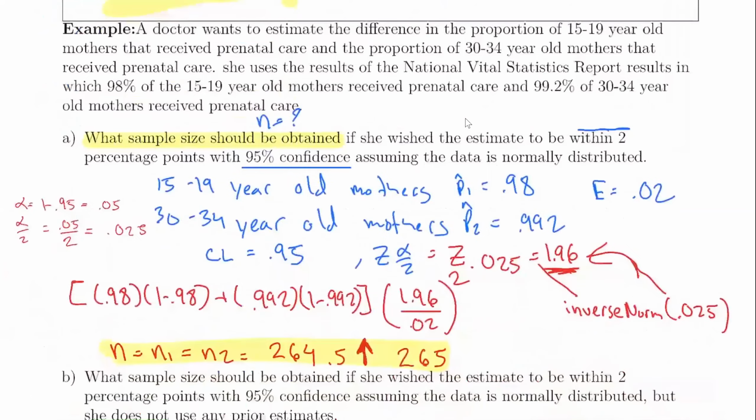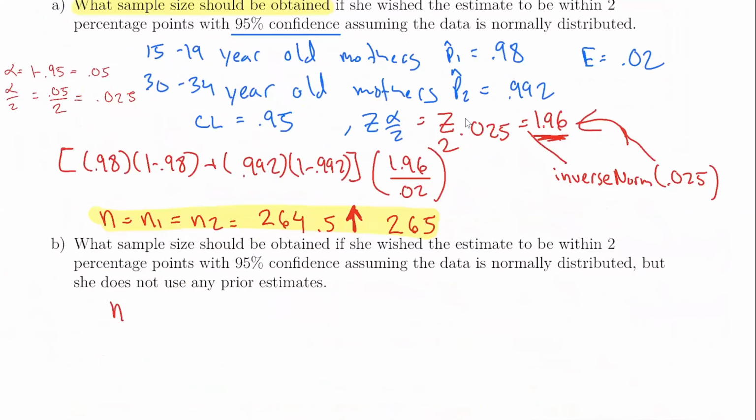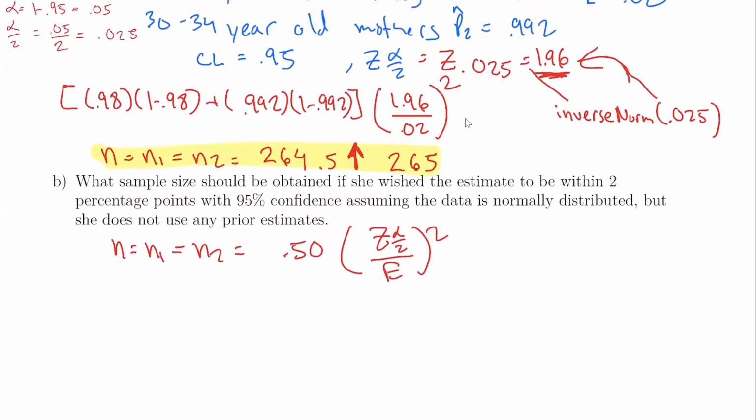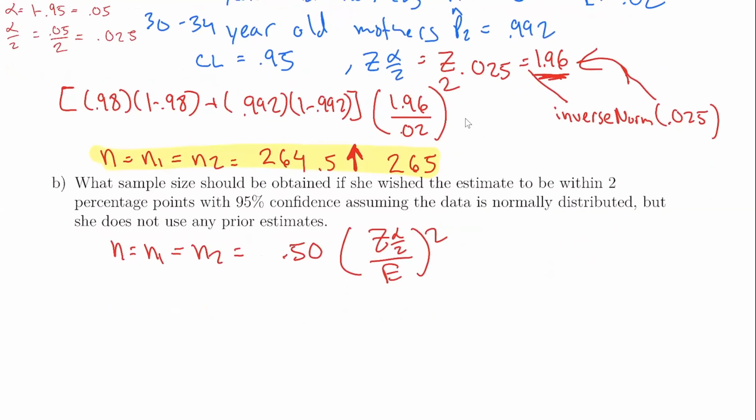So we're going to use n is equal to n1 is equal to n2 is equal to 0.50 times Z alpha divided by 2 over margin of error, squared. For this one, it should be much, much easier because fortunately for us, we don't have to do this part. All we have to do is do 0.50. Since we have the same confidence level, it will still be 1.96.